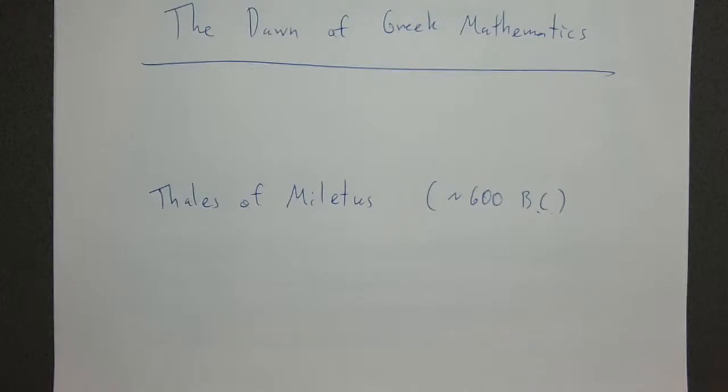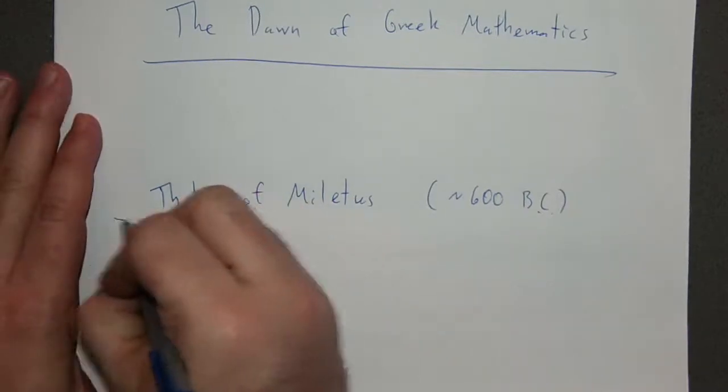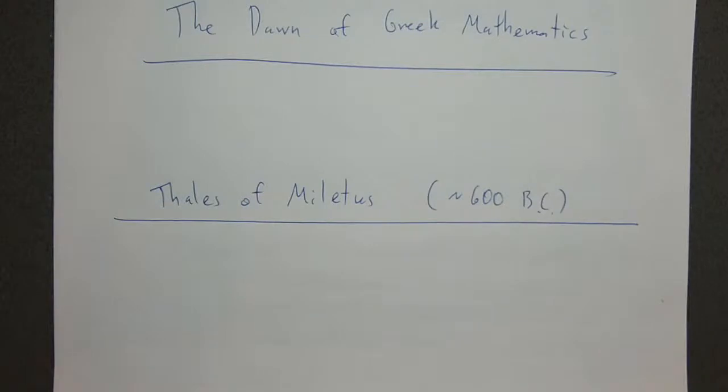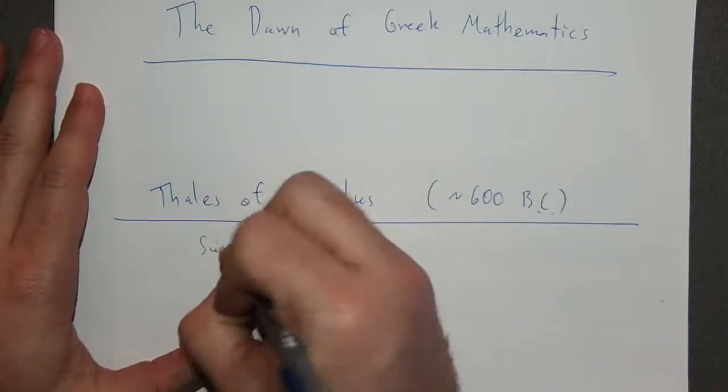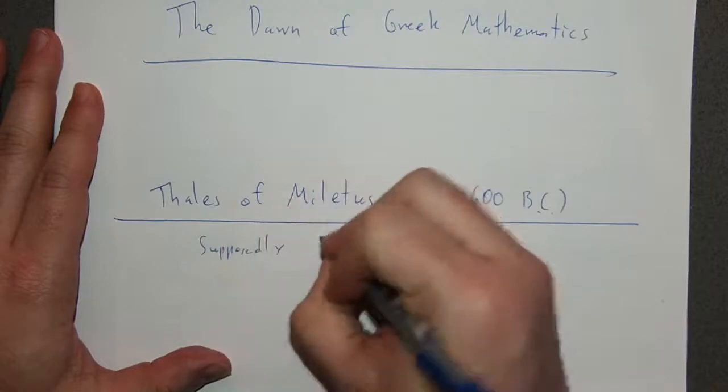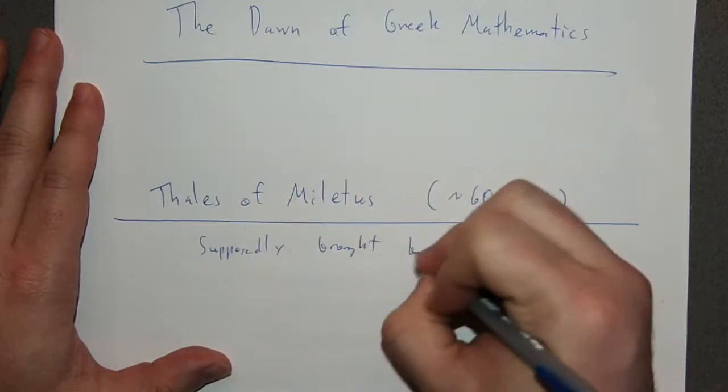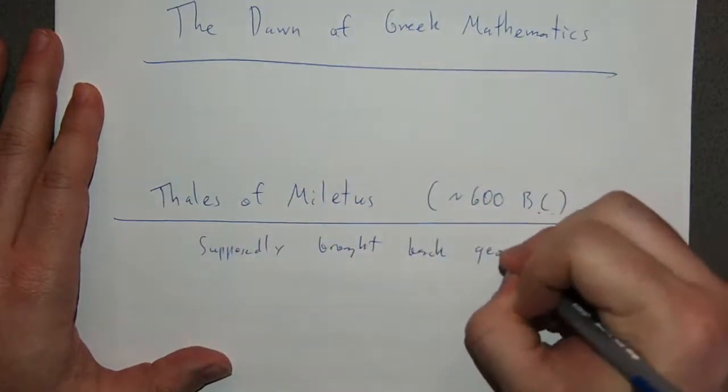But actually, the story supposedly is that Thales visited Egypt and brought back knowledge of geometry from Egypt to Athens. So Thales supposedly brought back geometry from Egypt.